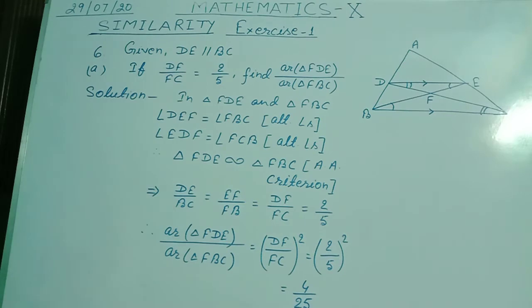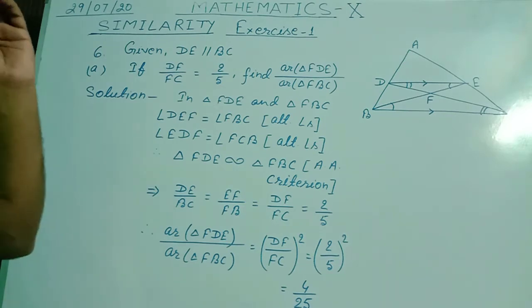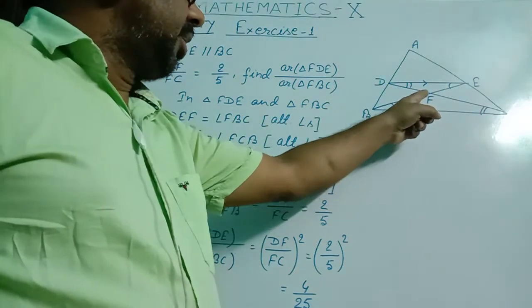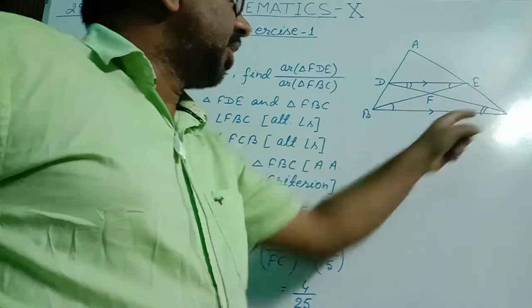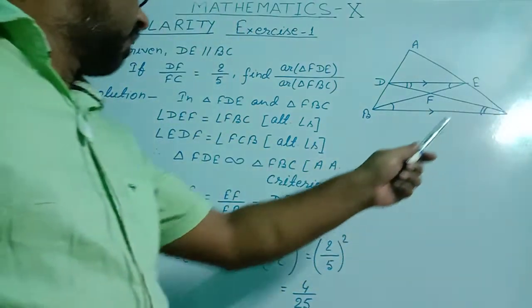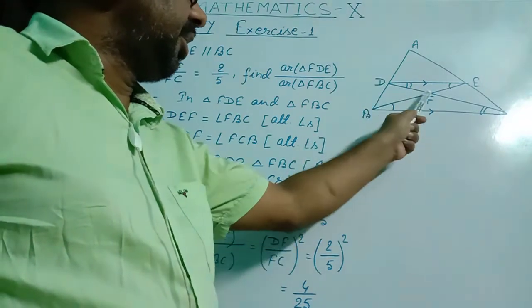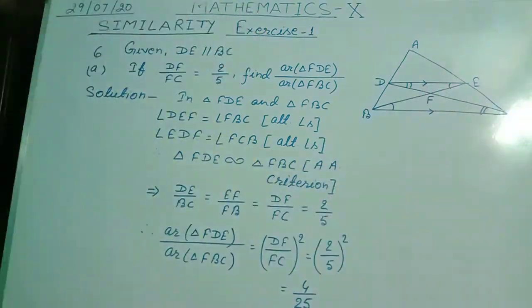While these two triangles are similar, the rule says their ratio of corresponding sides will be equal. DE and BC are corresponding sides. EF and FB are corresponding sides. DF and FC are corresponding sides.